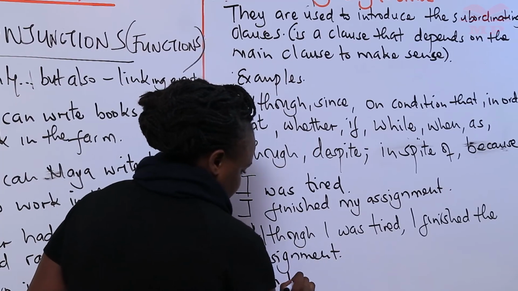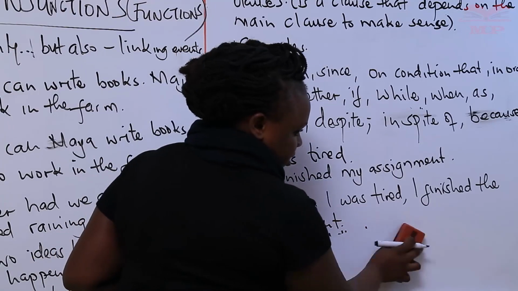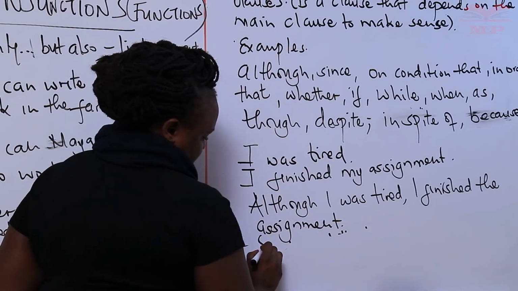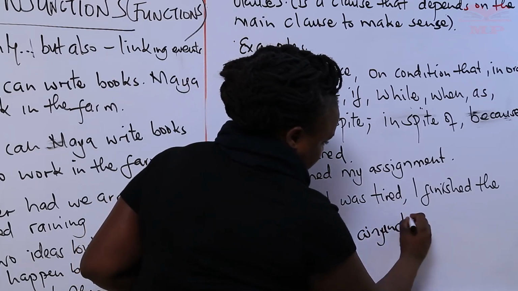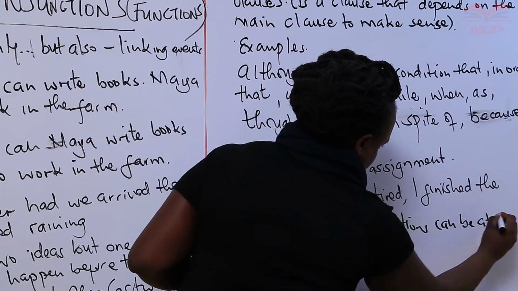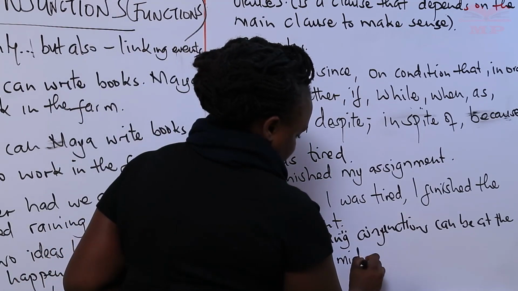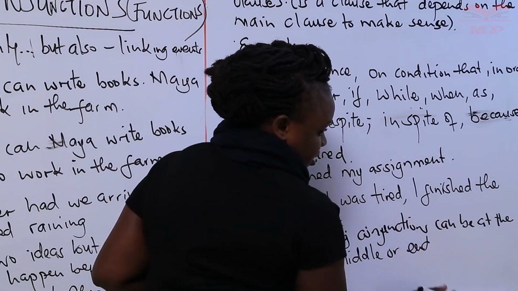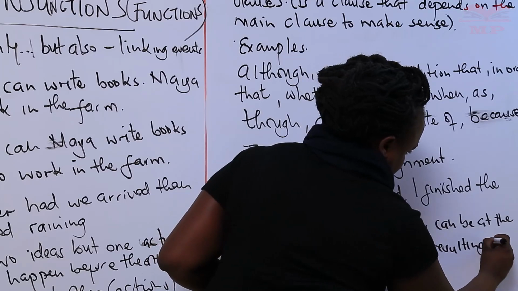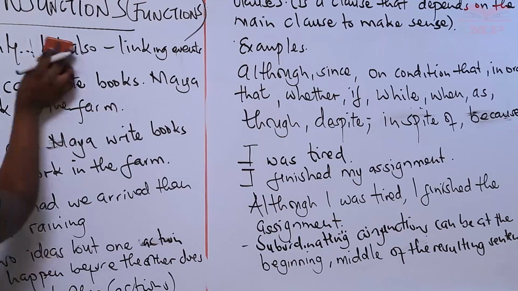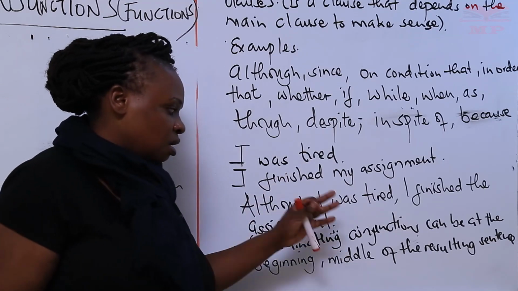So subordinating conjunctions can be at the beginning, or in the middle of the resulting sentence.